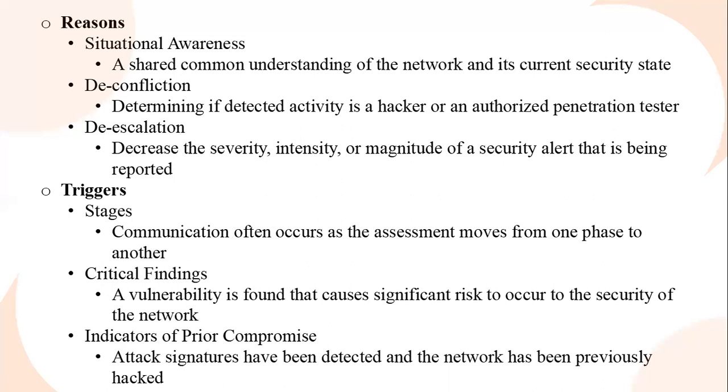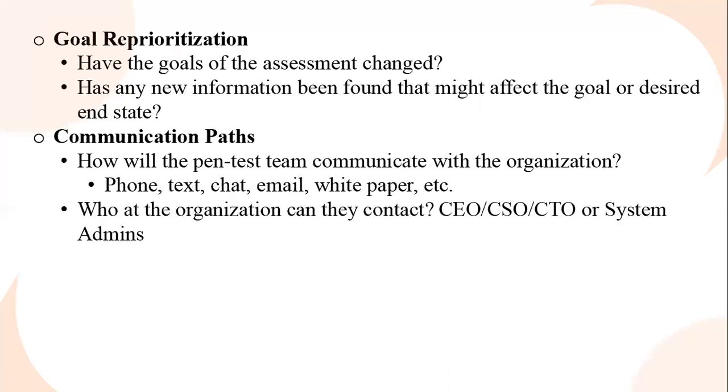Some companies might have a prior compromise. They might have been hacked before, or had an incident before. So if you see attack signatures, if you see indicators of previous compromise, it's very important that you communicate that, because they might be aware, they might not be aware.